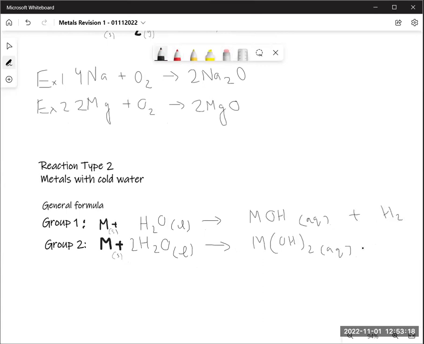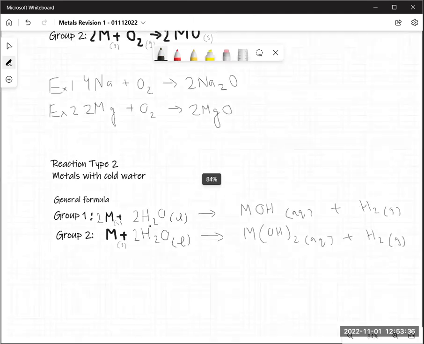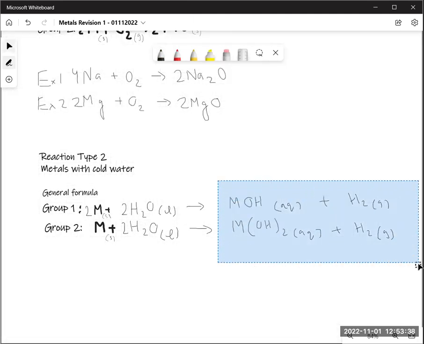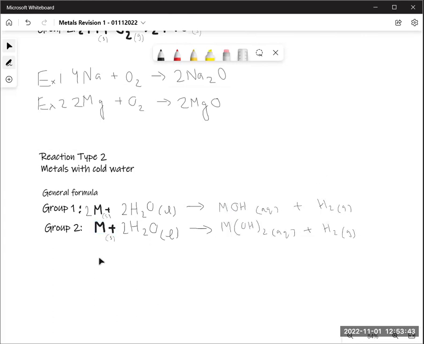Wait, we're not supposed to write the 2. Just a second. So this 2 comes here, and 2 comes here, and that is balanced. This is the balanced equation. What about group 2? We don't have a 2 there. Whatever is on the board, that's what you have.